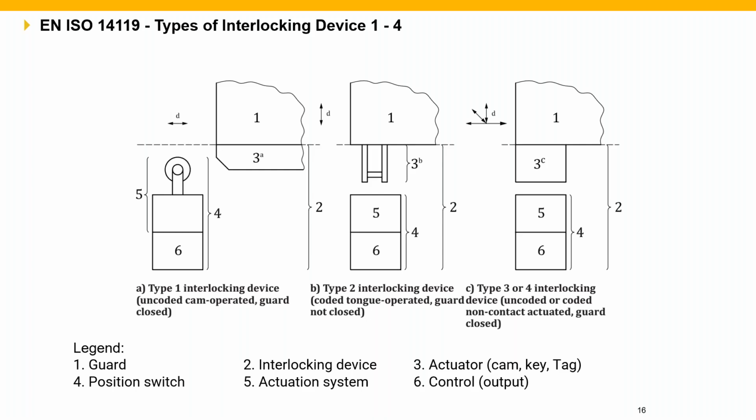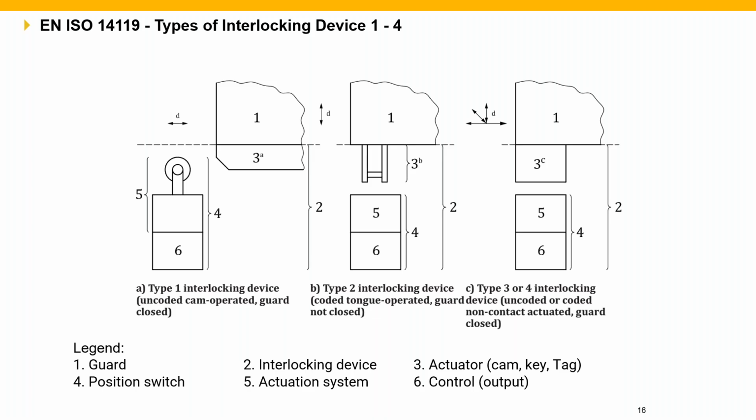Type 2 is a 2-part interlocking device, where you'd have some sort of tongue or actuator that is inserted into the body of the switch itself. And type 3 and type 4 are where we have non-contact switches. These are things like magnetic switches or RFID switches that can be coded or uncoded.